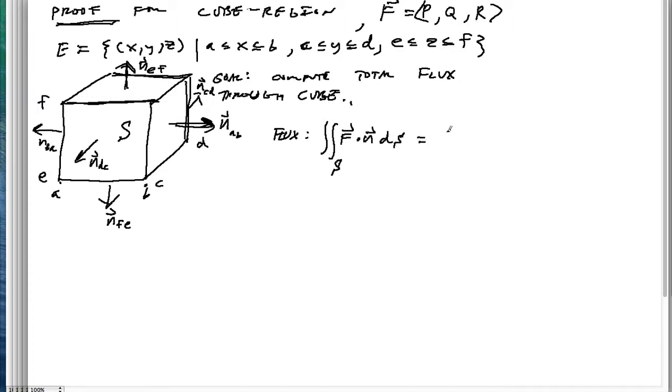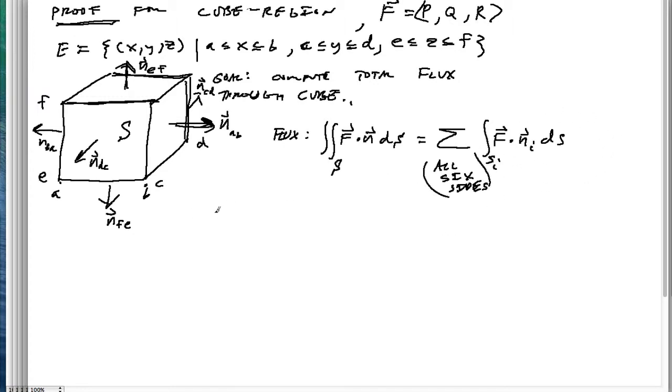And that's going to be equal to the sum over all 6 sides, S_i, of F dot N_i, and I'll just call those N_i for now, and we can write them with our subscripts later, dS. So that's the total flux, and it'll be the sum over all 6 sides, and we just have to compute all 6 sides of those.